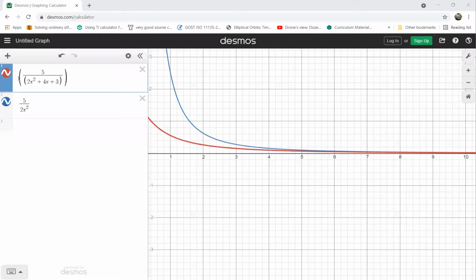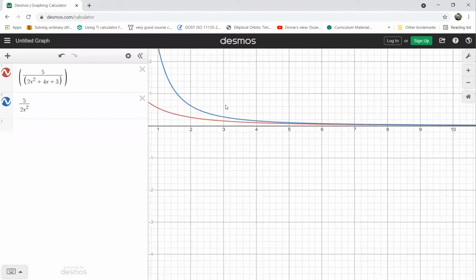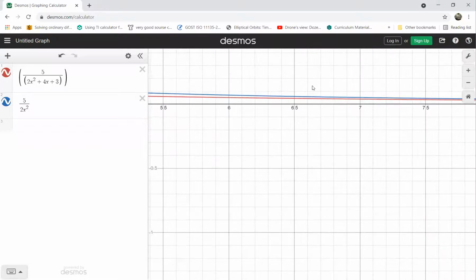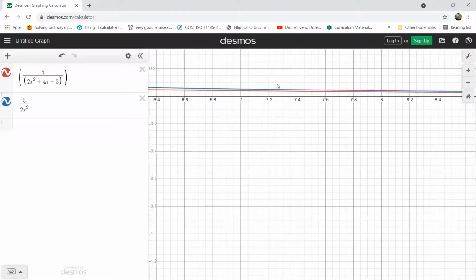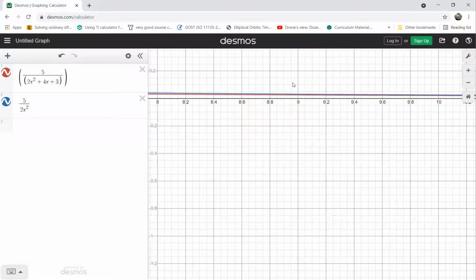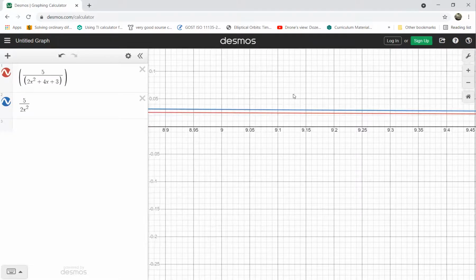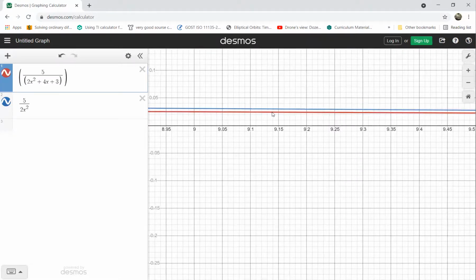So when we say an is less than bn, it means that the graph of an is below the graph of bn. It means that we are comparing the y values. As you can see, as we go along, the y values for bn are larger than the y values for an. So an, which is this red graph, is smaller than this blue graph, which is your bn.